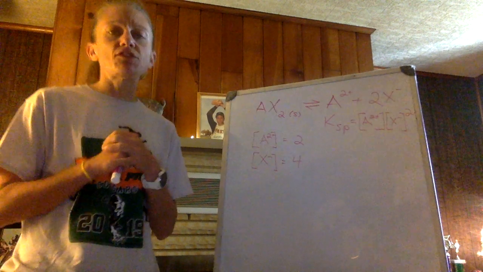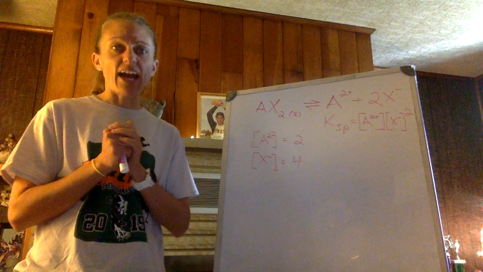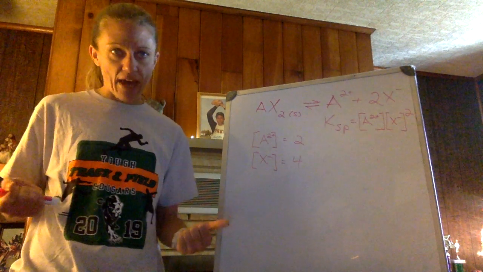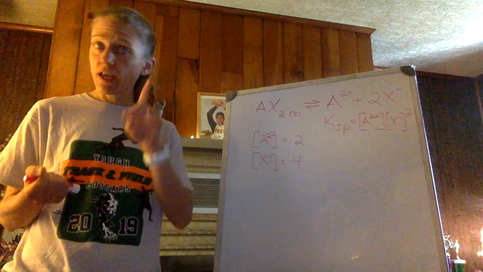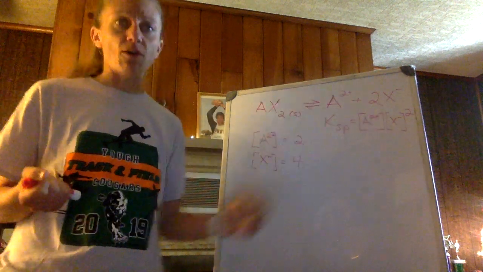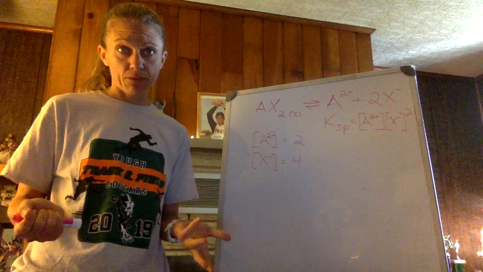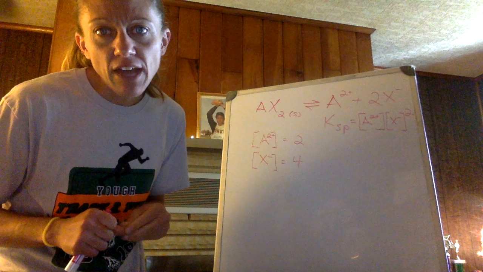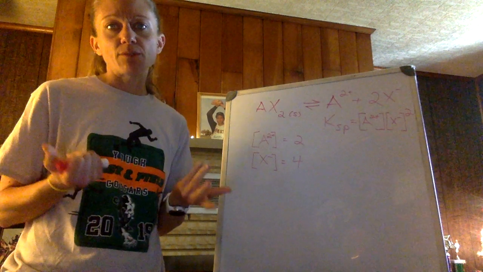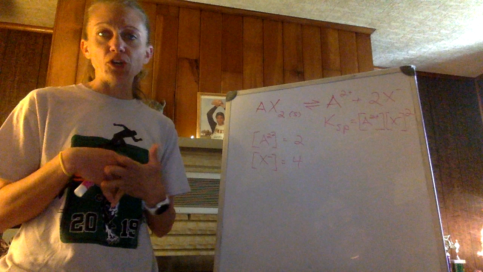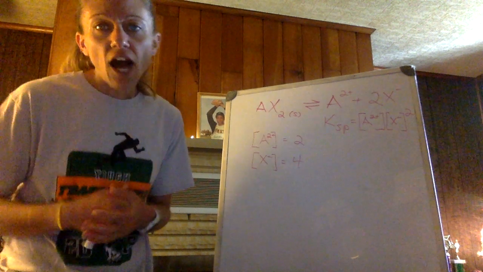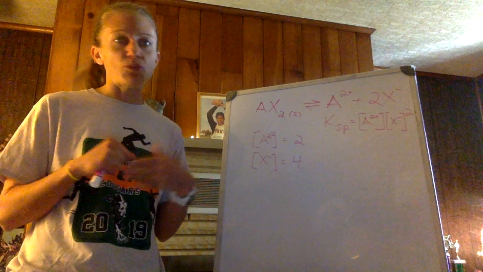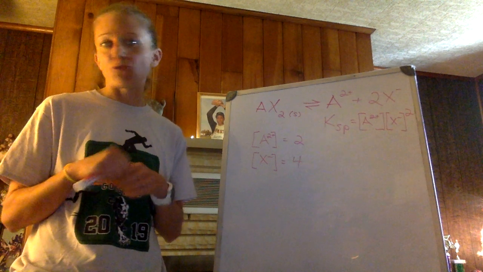I said the concentration of calcium was X, and then my concentration of fluorine is 2X. When I put 2X in here, I get X times 2X squared, which gave me 4X cubed. I solved for X and got 0.0022 molar for calcium and just double that, 0.0044 molar for fluorine.